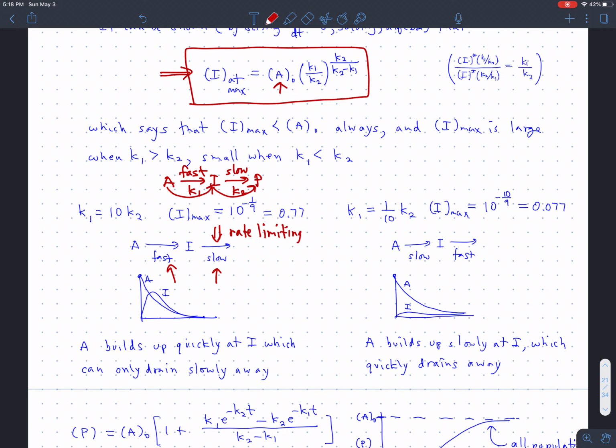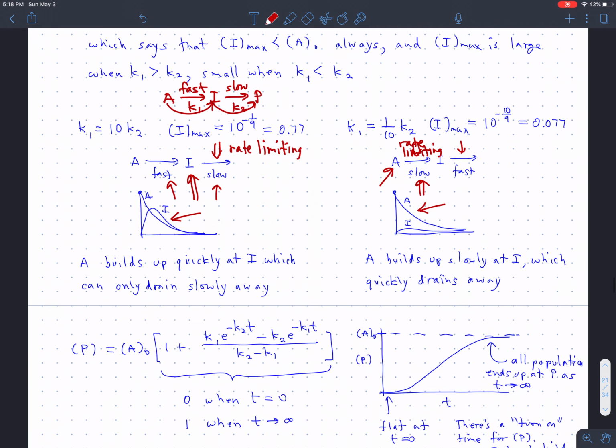And in the other case where this step is slow and the other one is fast, then this is the rate limiting step. And concentration always builds up on the species that's right before the rate limiting step, so it builds up on I in this case. It builds up, or really goes away only slowly, is probably more accurate, on A in this step, because the very first step is the rate limiting one in that case.